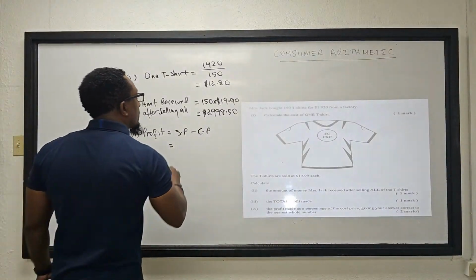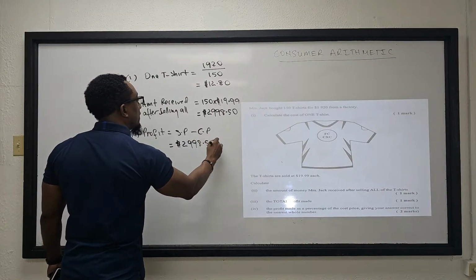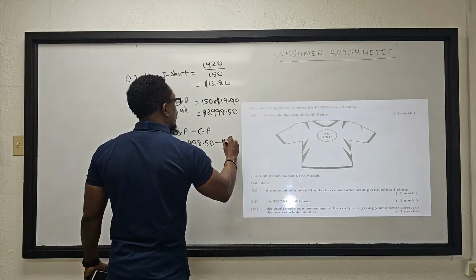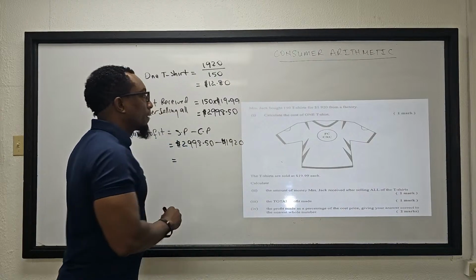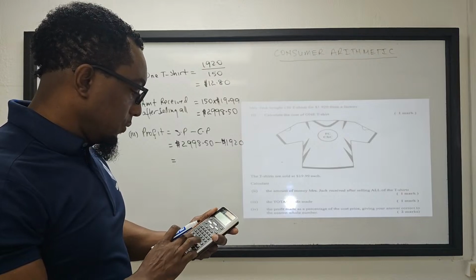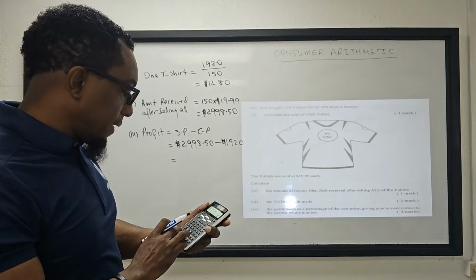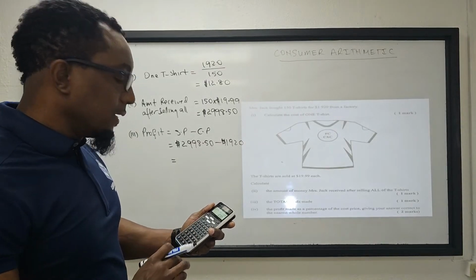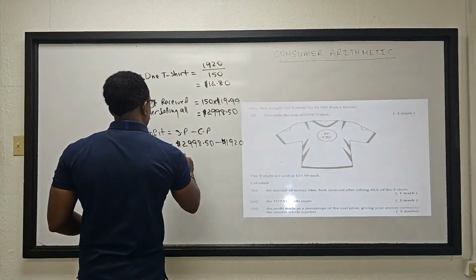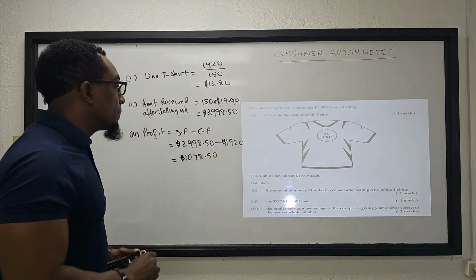That will be $2,998.50 subtract $1,920, which will give us $1,078.50. So that's the profit made.